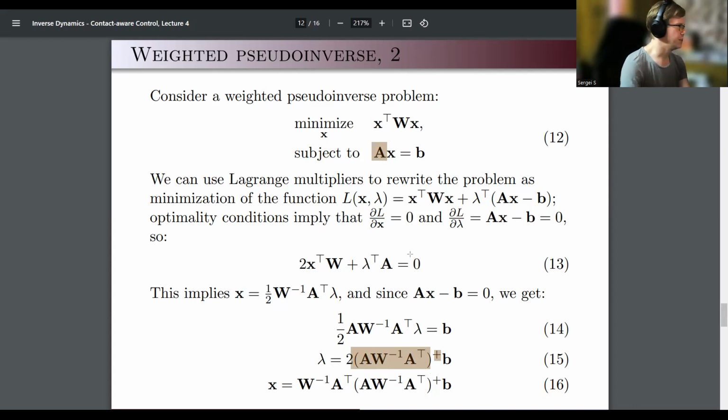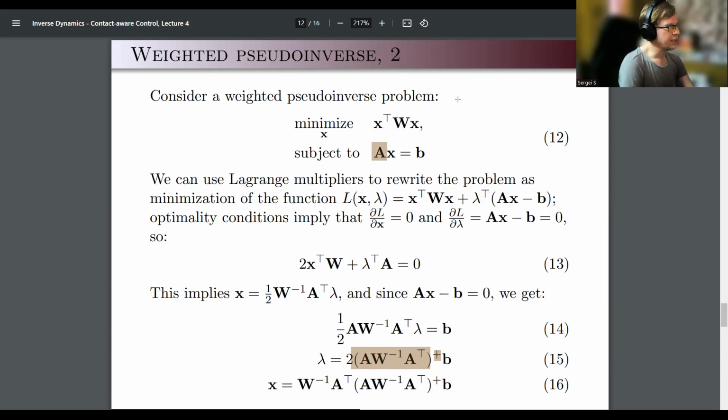You can prove it, by the way. It's quite doable. If you know the congruence transformation, then you can prove it in one line. So this would be invertible, and then you have here an analytical inverse.